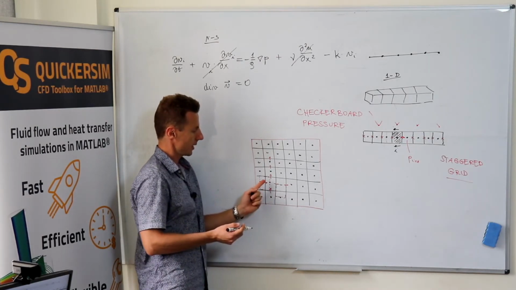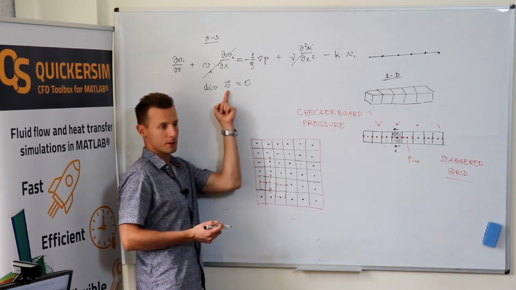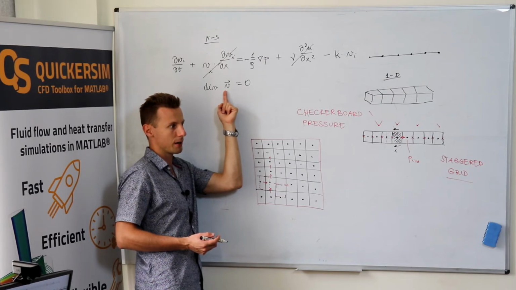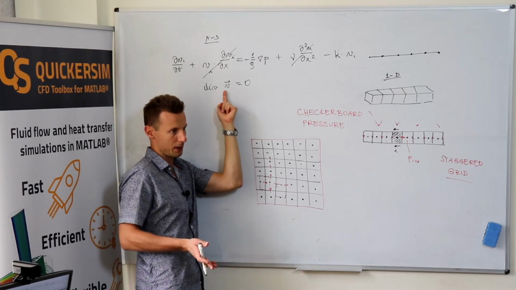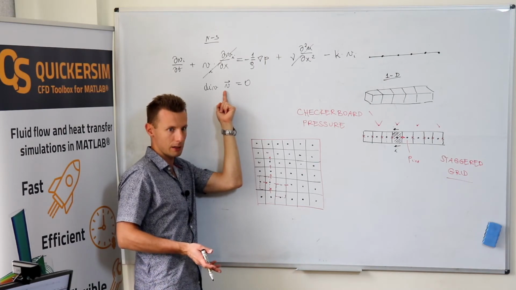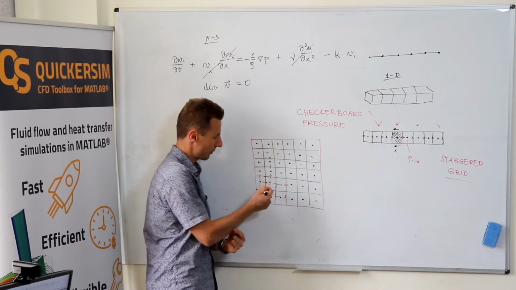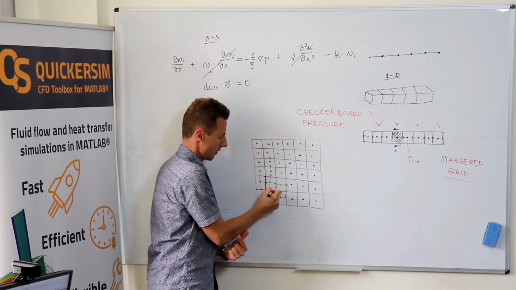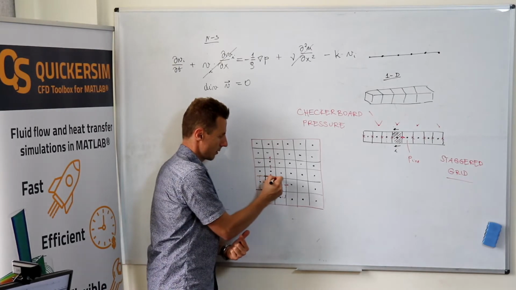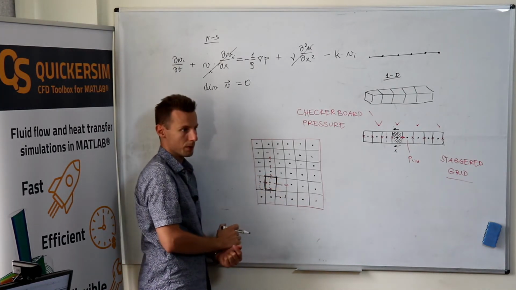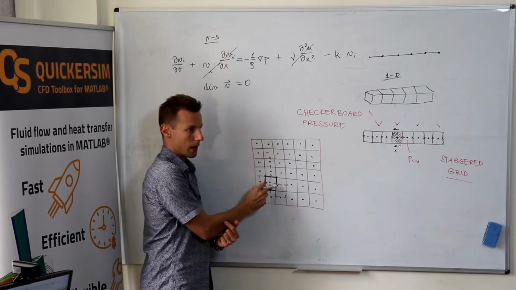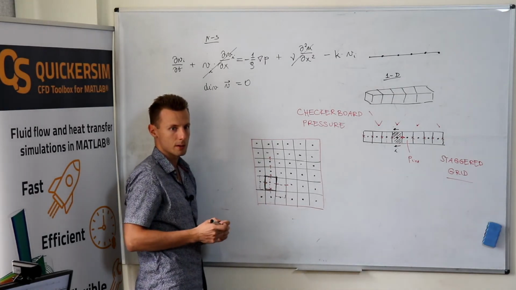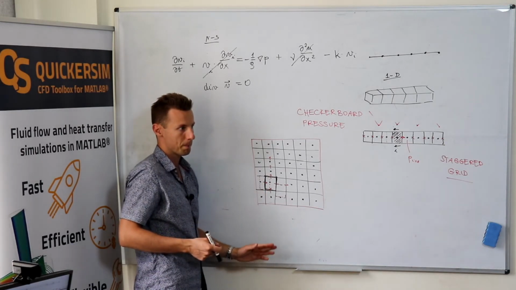Exactly, because you already have the velocities at the interfaces, and the vanishing divergence of the velocity field means simply the equilibrium of mass in the given finite volume, and your perfect finite volume to represent this is this one. Incoming flux, outgoing flux, incoming flux, outgoing flux. And that's it.